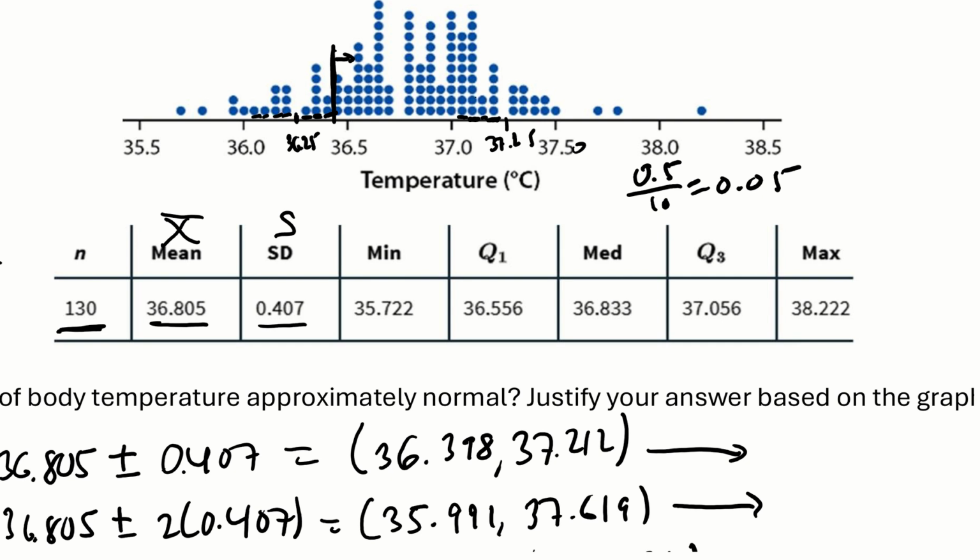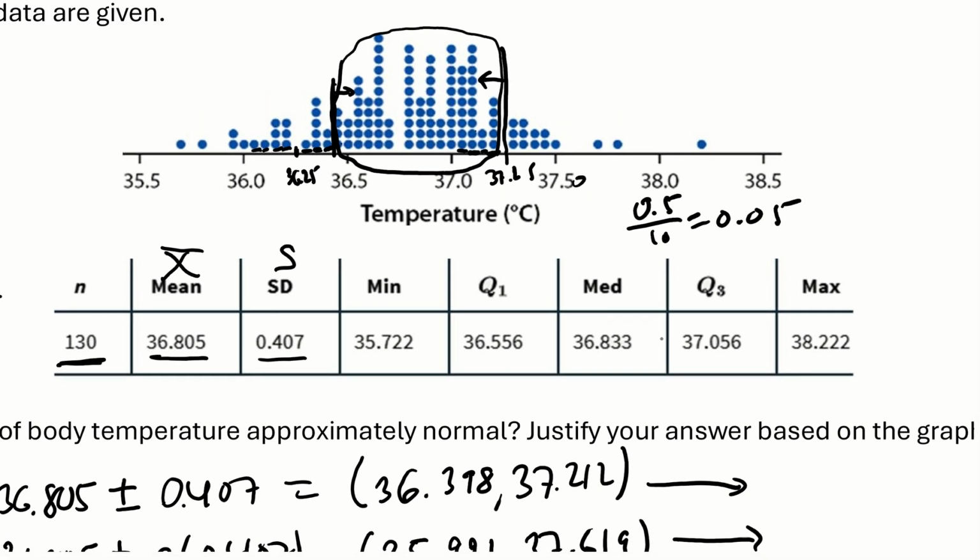So we want to basically go from here to the left, okay? Because we want to go a little bit above 37.2, and now we want to count these dots right there, okay?